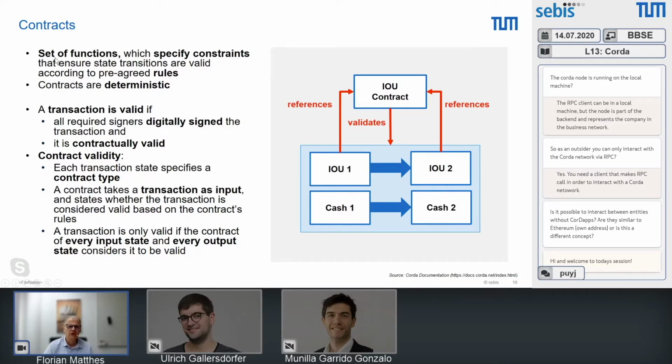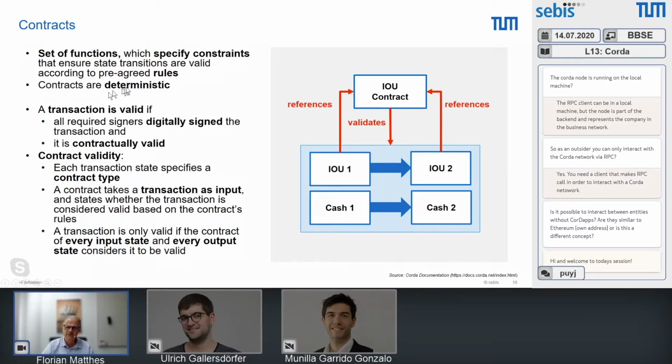So a contract is now, technically speaking, a set of functions which are more or less a conjunction. Yeah, this has to be true, and this has to be true, and this has to be true. So the typical contracts consist of a lot of if statements which check whether certain conditions are valid, and they then implement the rules, more or less, of how states can evolve.